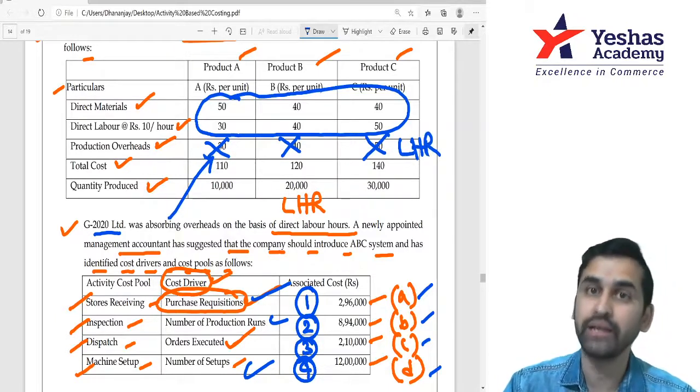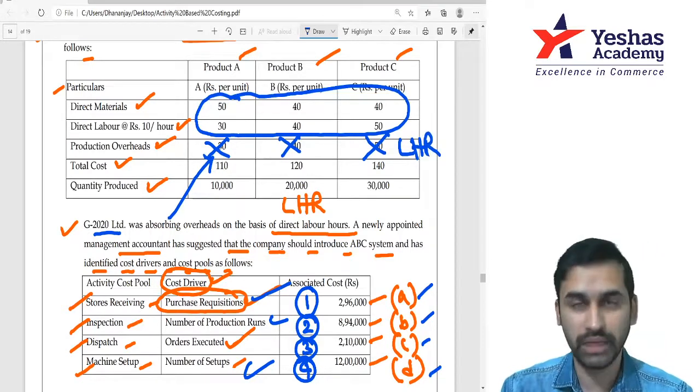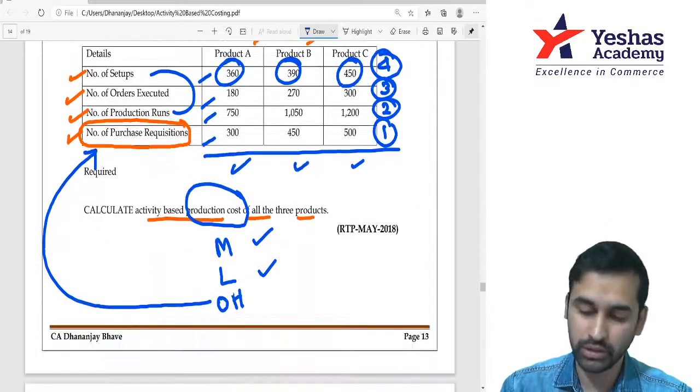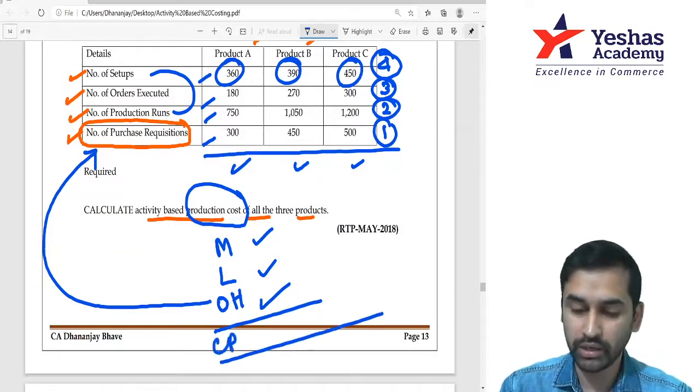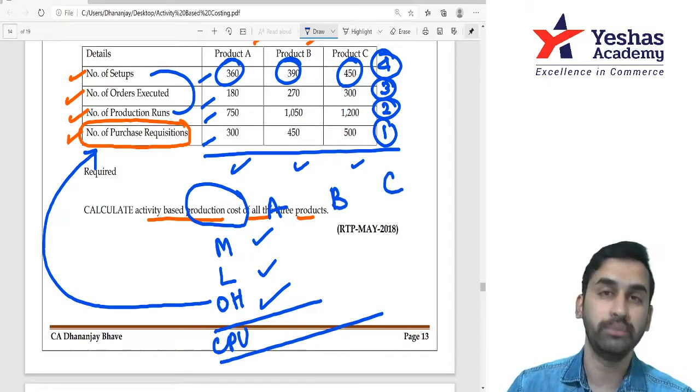They don't want this again. They want you to calculate the ABC based cost per unit and take that in your answer. So material and labor are given in the question, overhead you will calculate from your working note. Add all of that, you will get cost per unit for A, for B, for C.